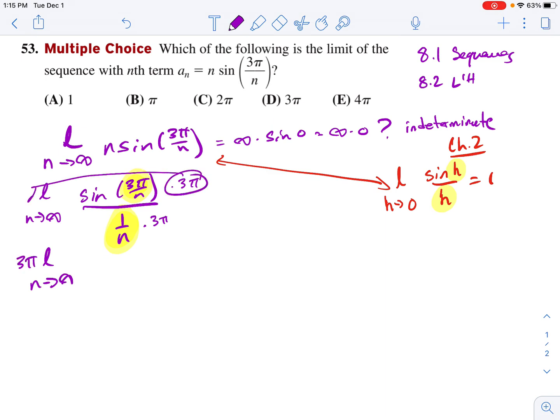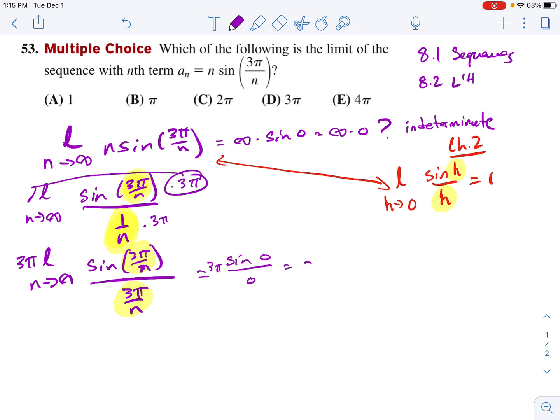So 3 pi times the limit as n goes to infinity of the sine of 3 pi over n, over 3 pi over n. And now you have what you need. This is the same as this, but we're going to infinity. If I evaluated that, I would get the sine of 0 over 0, with the 3 pi out front.